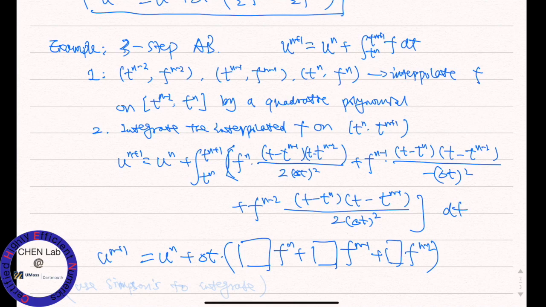All the delta t will cancel. You evaluate at some point, you get some multiple of delta t, and you cancel with the denominator. So again, just use Simpson's to integrate.